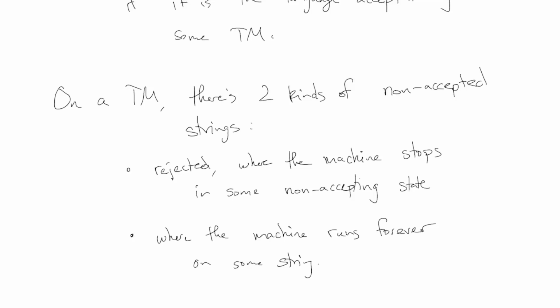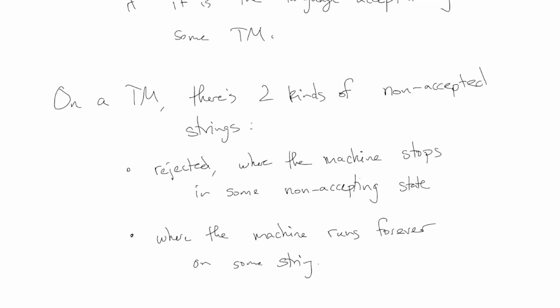It is possible for a Turing machine to just run forever, to have an infinite loop. This is not possible on a DFA. You can imagine a DFA diagram might have a loop in it, but your string is only so long, and you might go around the loop a few times, but you're going to stop eventually when you get to the end of the string. In a Turing machine, this is not necessarily the case, because the head of a Turing machine can move right and left.